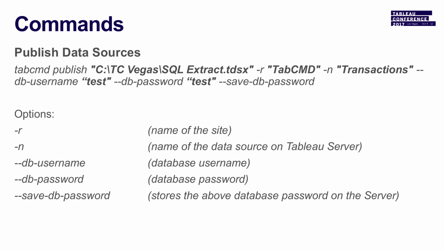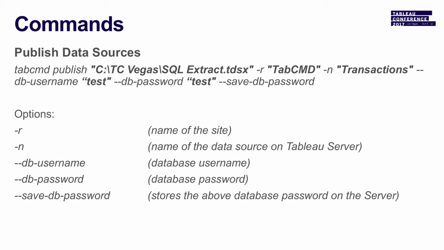So then we start talking about published data sources. And if you take a look at this for an example, we may have extracts that we want to publish to our server, but we also have to make sure the server knows where that extract was built and how the server can refresh that going forward. So you can pass some details.